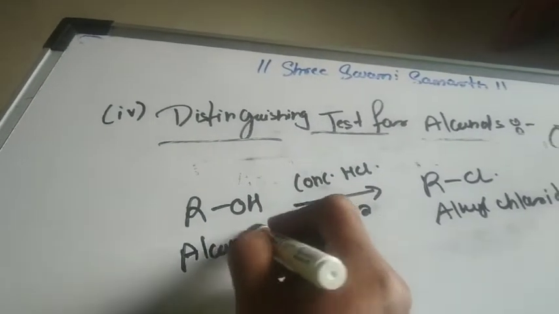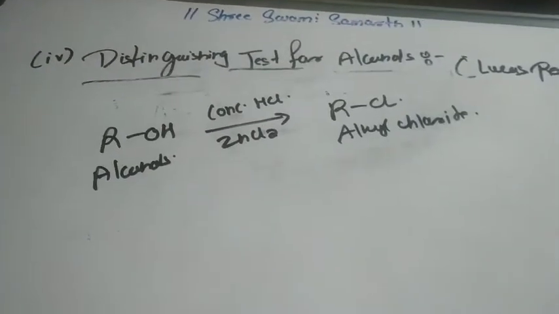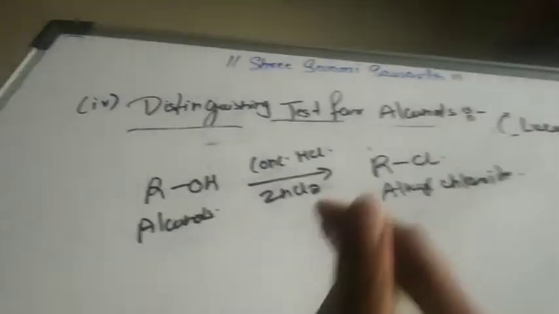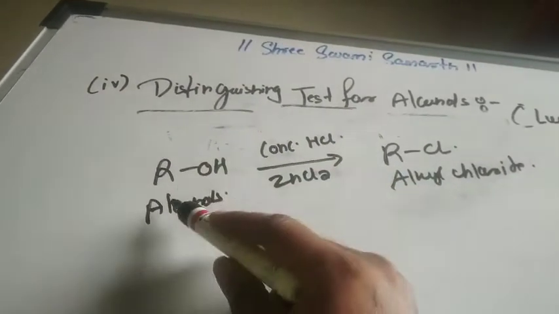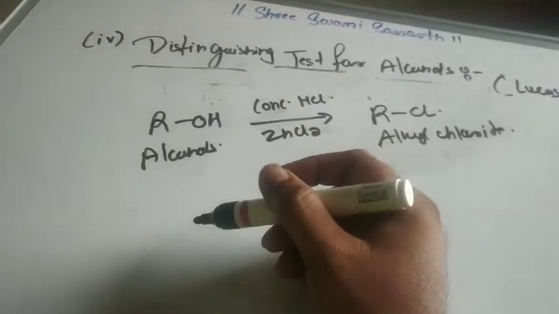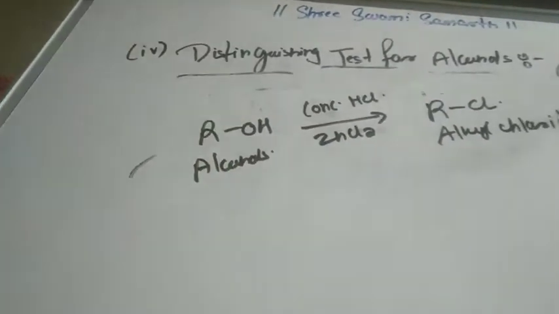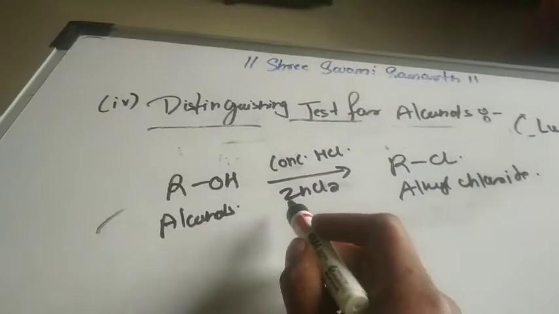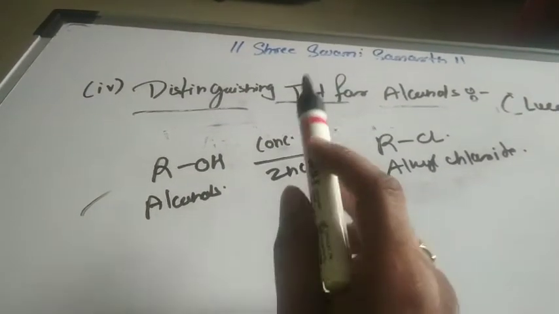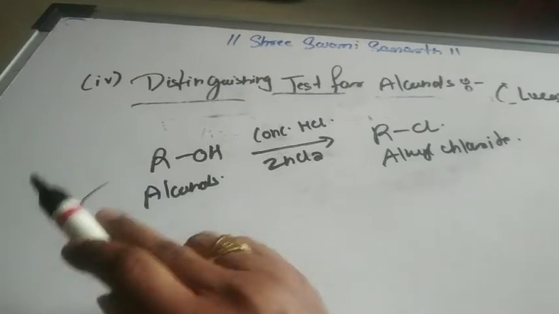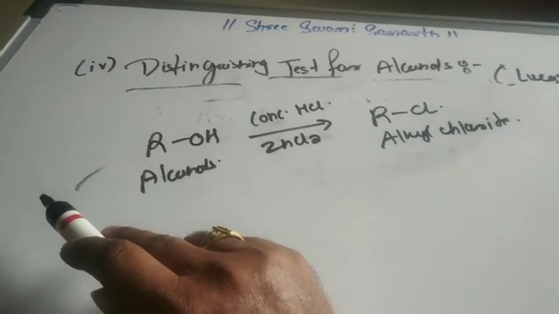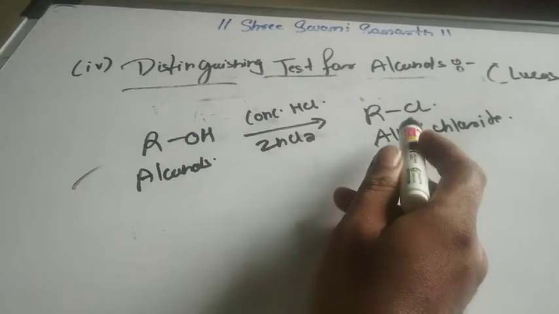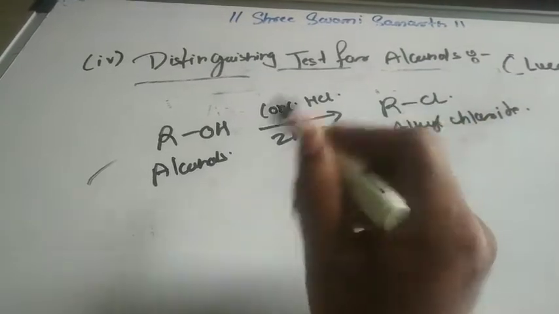This is the reaction when you treat alcohols with the Lucas reagent, concentrated HCl and ZnCl2. You will get the alkyl chloride. This reaction we had already seen in the halogen derivatives of alkanes. In your textbook it is not given in the alcohols, phenols and ethers chapter; they have told you to refer to the chapter on halogen derivatives of alkanes.